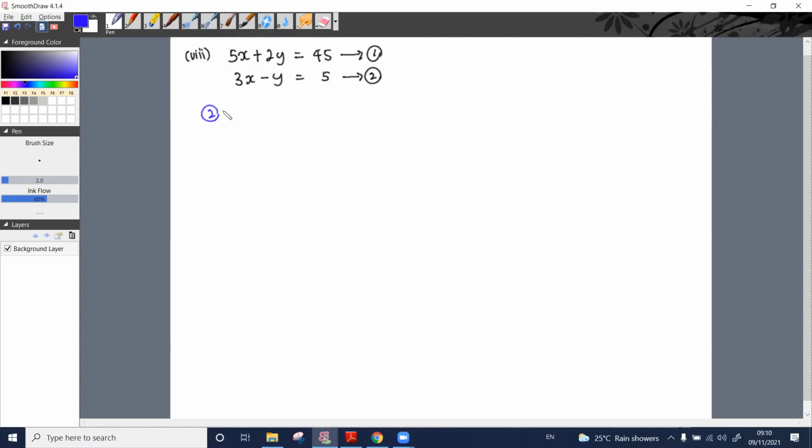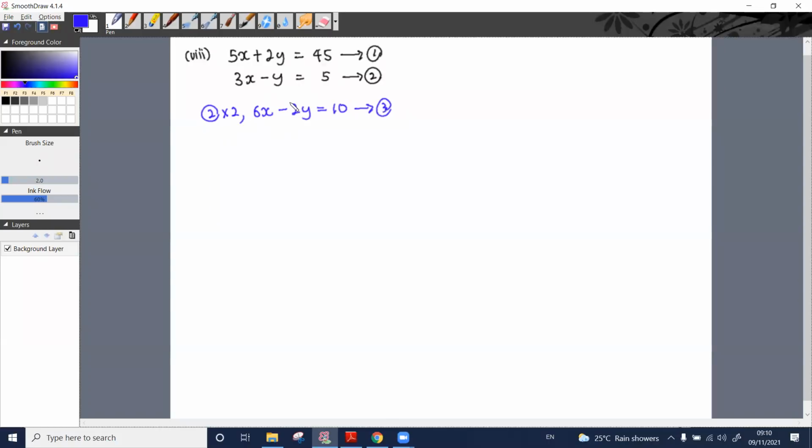The second equation we need to multiply by 2. 3x into 2, that is 6x, minus y into 2, that is minus 2y, equals 5 into 2, that is 10. So this is our third equation. Now here we have plus 2y, here we have minus 2y. Then what do we need to do in order to eliminate y?